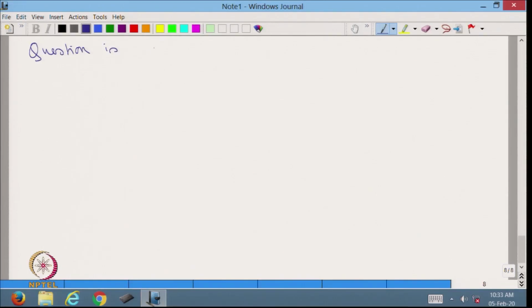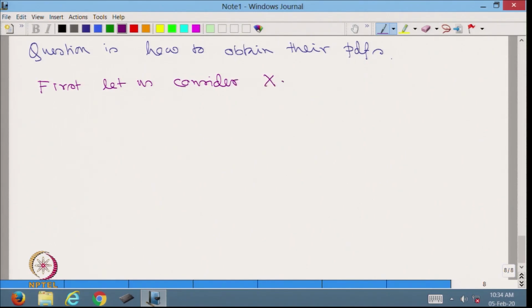The question is how to obtain their PDFs. So, first let us consider x(n), that is the nth order statistic, that is the maximum of x1, x2, ..., xn.